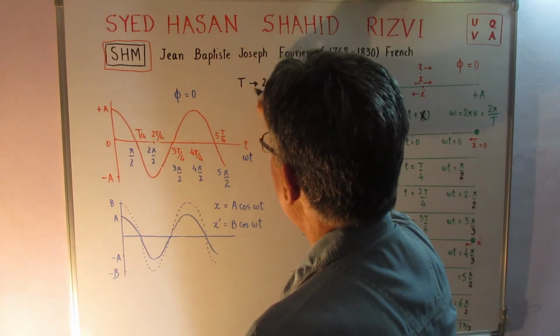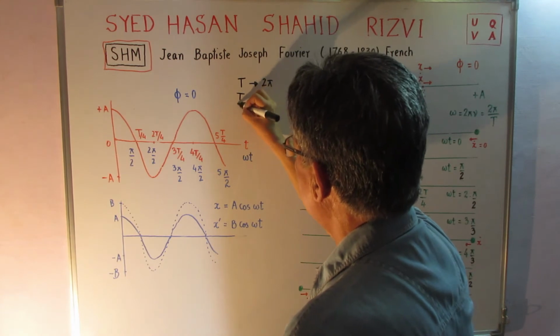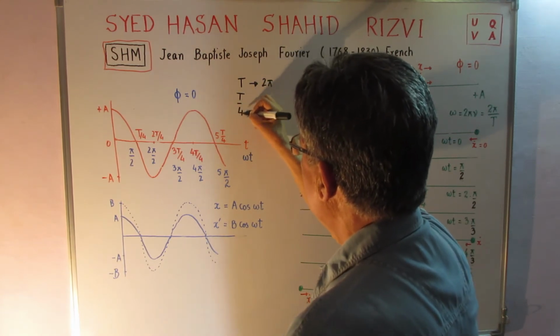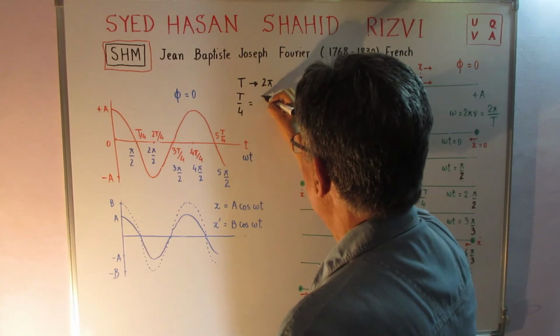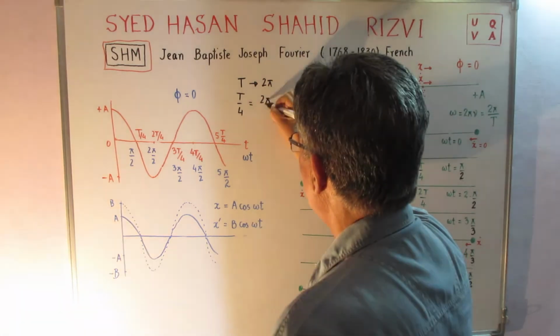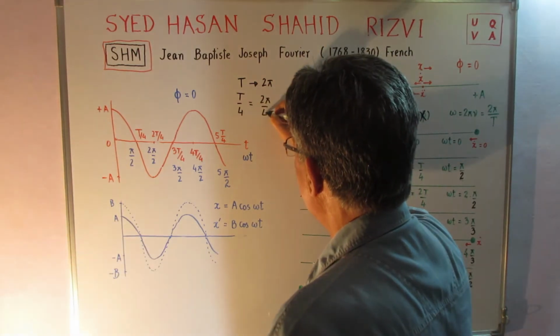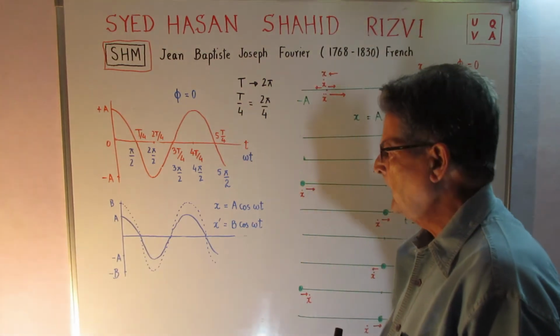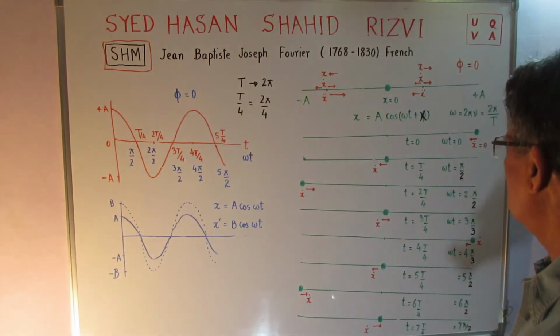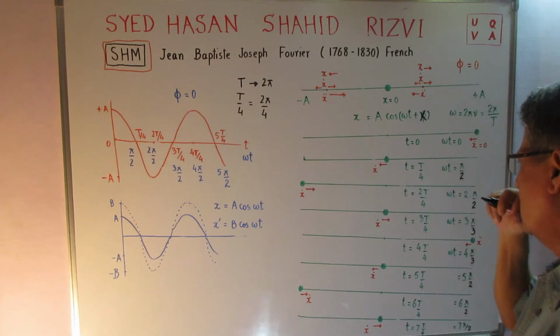So T by 4 will correspond to 2 pi upon 4, which is pi by 2 radians. Mistakes happen, no problem, but this is okay.